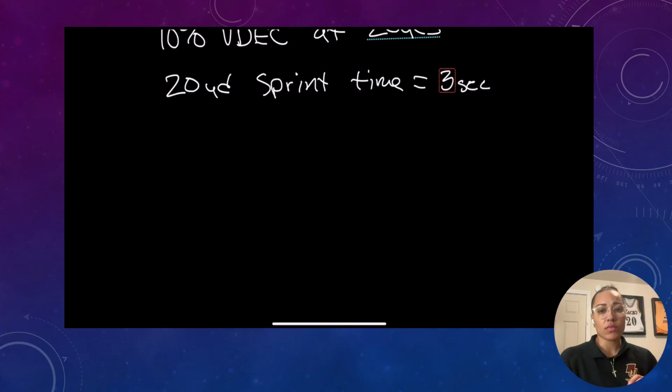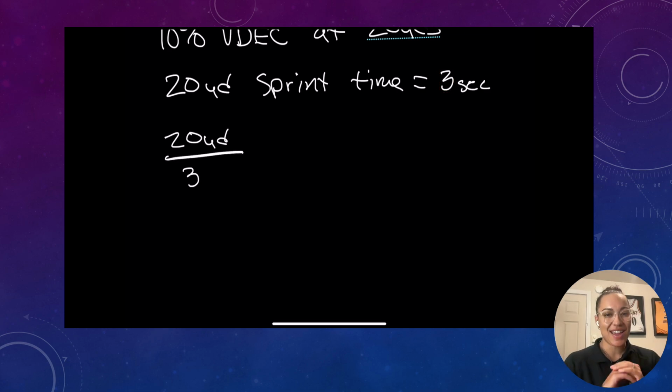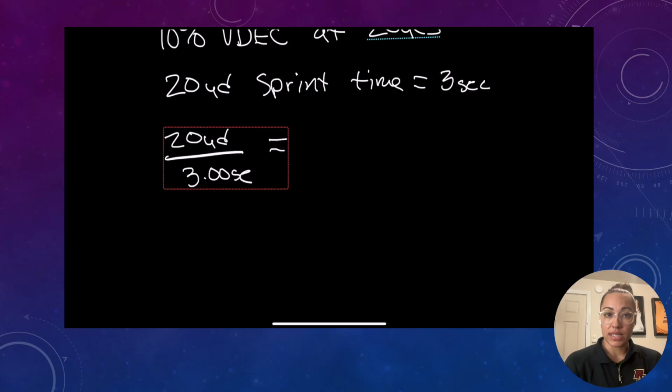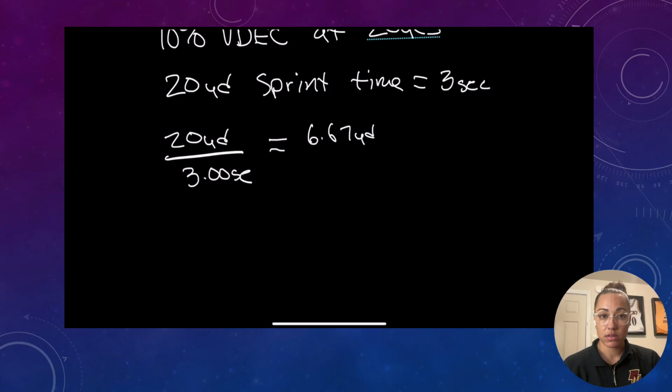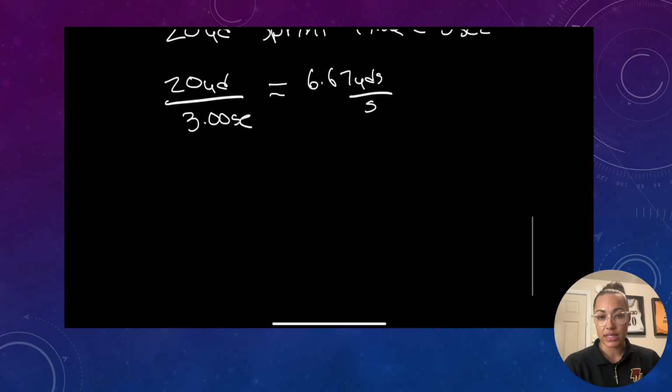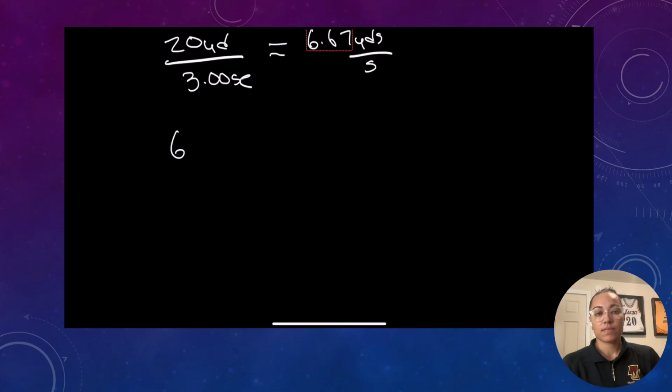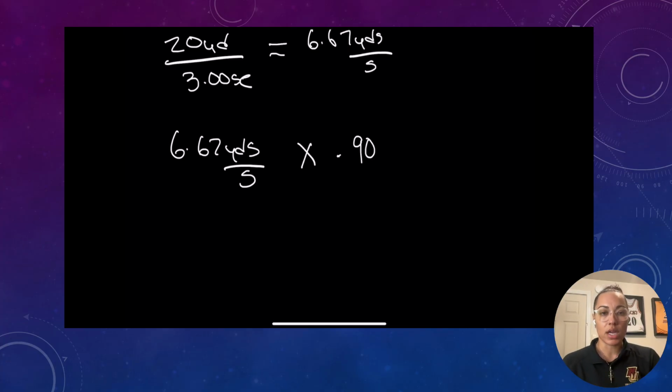Now, from there, we're going to figure out our goal time, and we're going to go through the same process that we did. It's just going to be a different yardage. So we're going to take 6.67, or sorry, 6. We're going to take 6 exactly yards, divide that by 1, multiply by 1 over 20. Everything's going to cancel out.